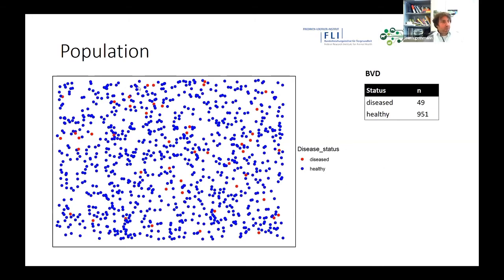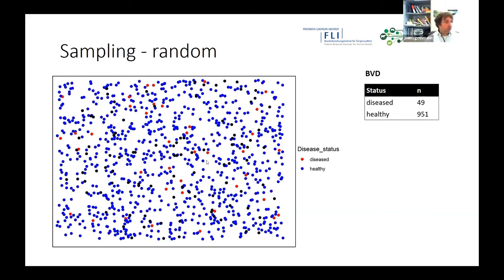Now, coming back to my design population. We have 1,000 animals and we have a prevalence of 5%. Here it's randomly selected, 49 animals and they are diseased. Now, in theory, it's quite easy.